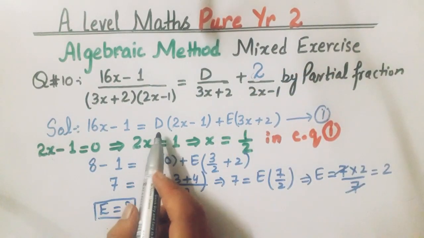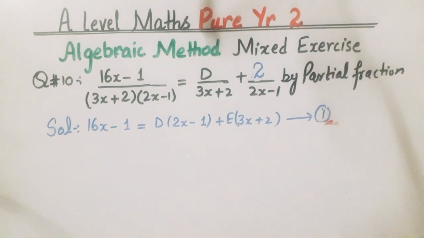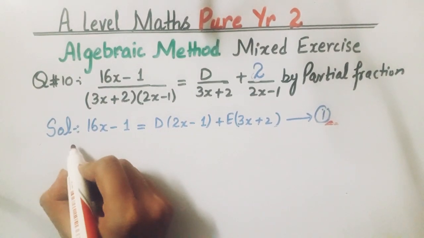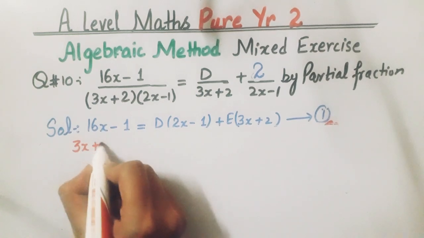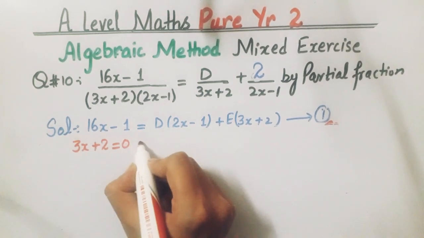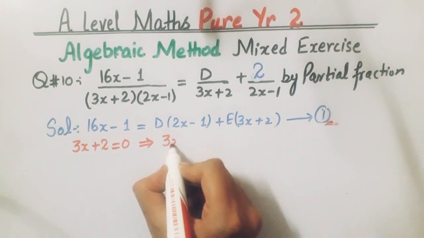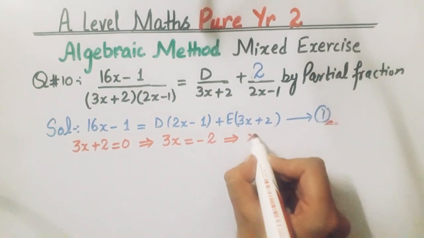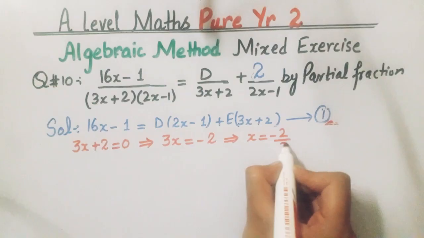Now we will find the value of d. Now we will take the other factor. 3x plus 2 equals 0, which implies that 3x equals minus 2, and this implies that x equals minus 2 over 3.